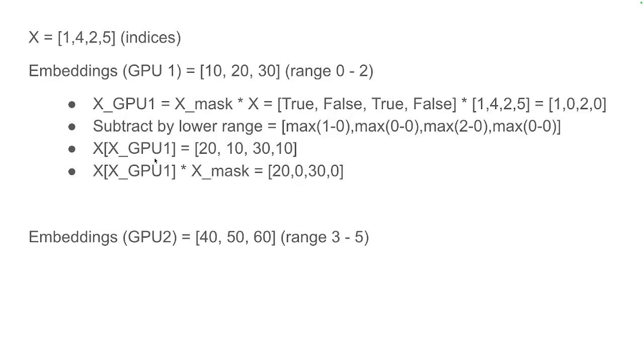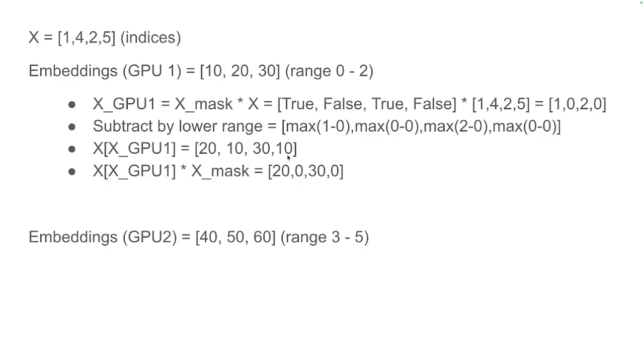Now you have 10, 20, 30, and you need to pluck out the indices 1, 0, 2, 0. The first index is 1, which is 20, so you have 20 here. The second one is 0, so this is 10, and you pluck it out here. This is 2, which is 30, so you pluck it out here. And this is 0, which is 10.